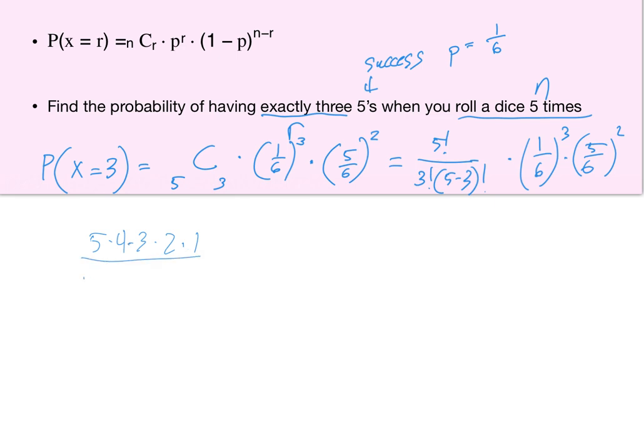In the denominator, 3 times 2 times 1, that's the 3 factorial. 5 minus 3 is 2, so it'd be 2 factorial, 2 times 1, times 1/6 to the third power, 1 times 1 times 1, over 6 times 6 times 6. 5/6 squared is 5 times 5 over 6 times 6.